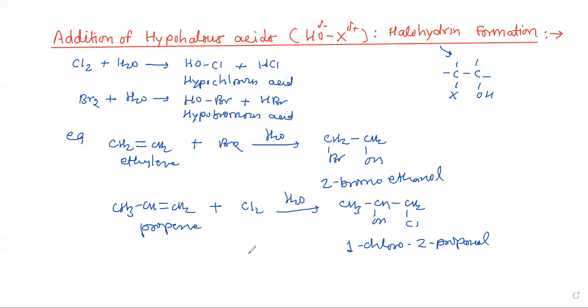So these are the halohydrins, in which the halogen atom and OH group are attached to the adjacent carbon atoms. Okay, after this we will see the mechanism of this reaction.